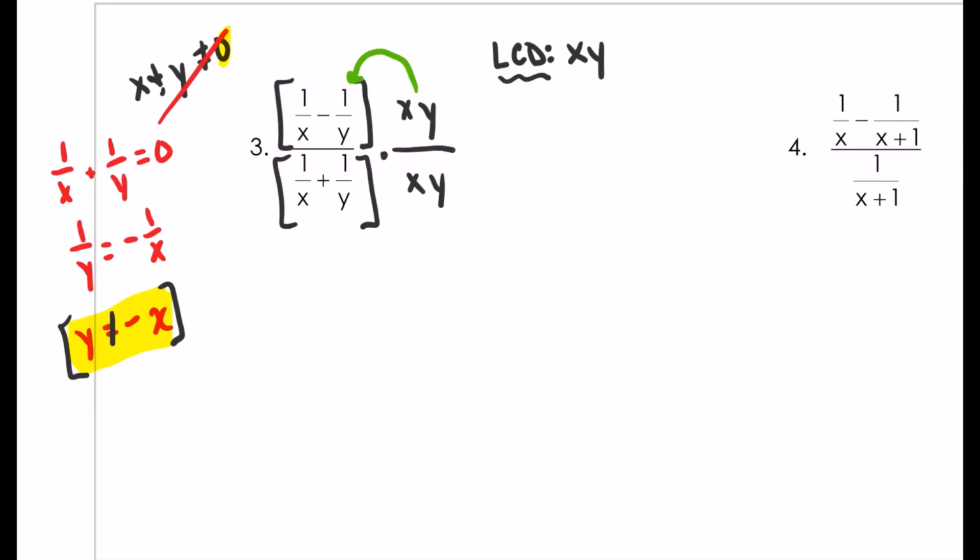So I'm taking xy times both terms of the numerator and both terms of the denominator. So my new numerator is going to be y minus x, and then my new denominator is going to be y plus x.